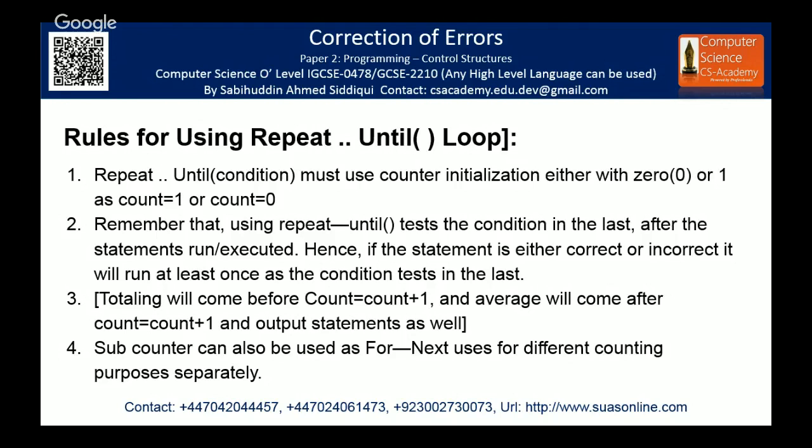Whatever comes here with until will be the counter's value incrementer. That means it will increment the count values, and the average will come after count equals count plus 1, or after the until condition, because you have to count the running totals.